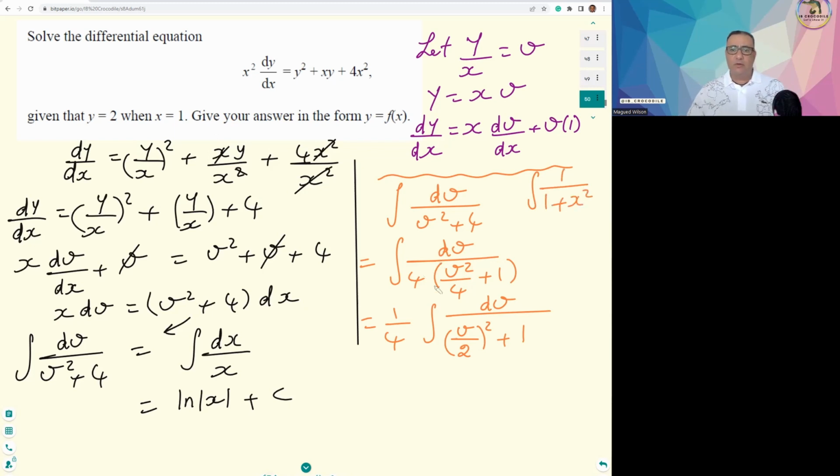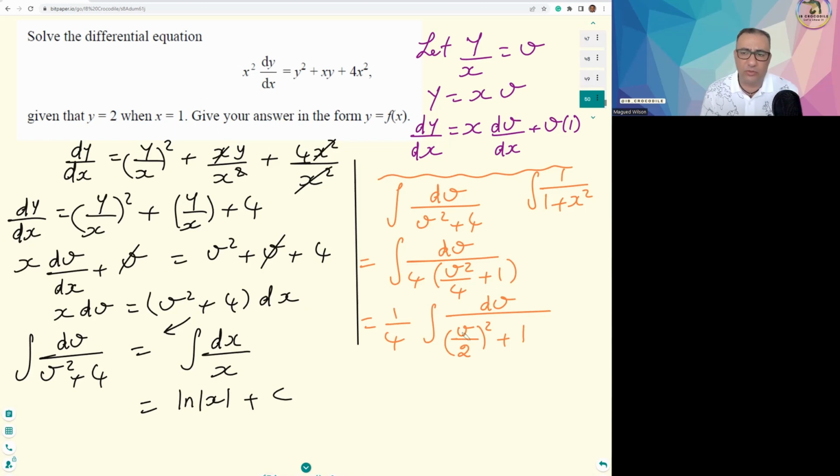Instead of x, I have v divided by 2. Here we can use substitution, which will be a longer way, or we can use inspection quickly, because here is the constant. So instead of v, you have v times half. If you integrate and you have just a constant multiplied by the variable, you just divide by that constant.